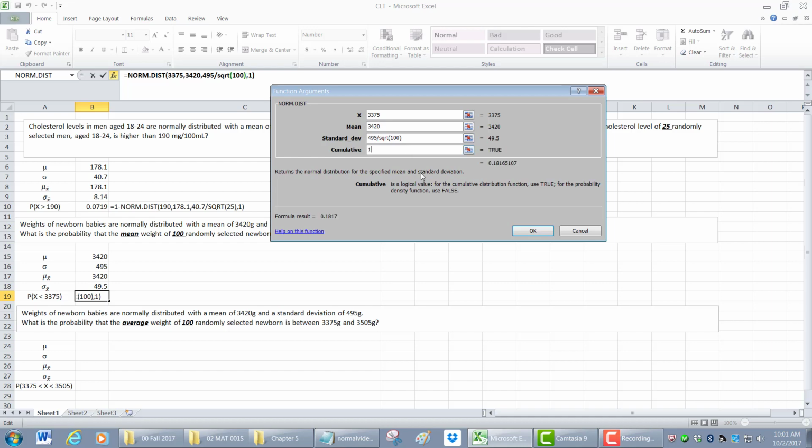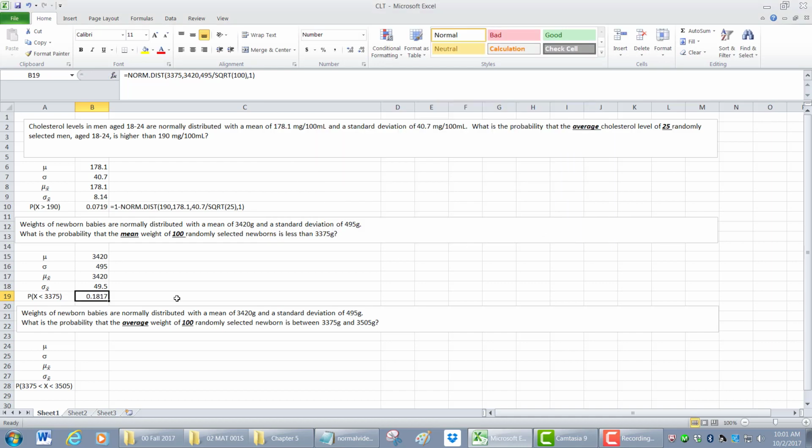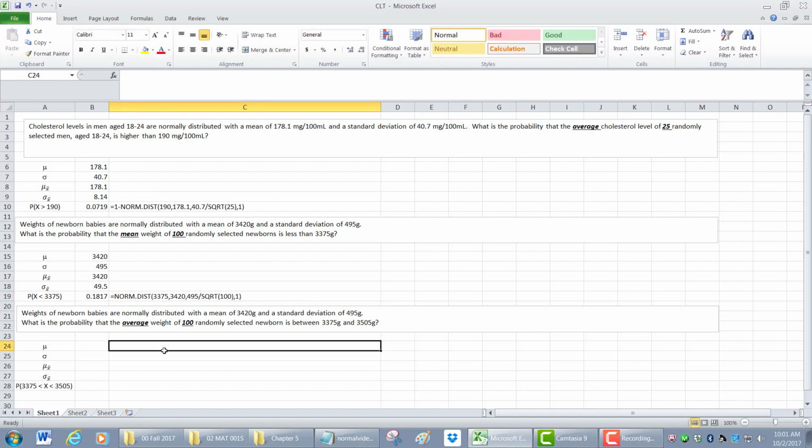Cumulative is 1 because it always is on normal distribution, and there we have it. So we're talking about 18.17%. And here's how we got that function.